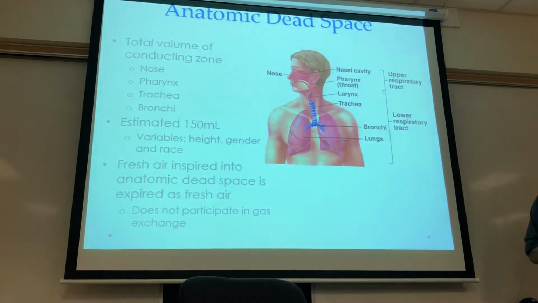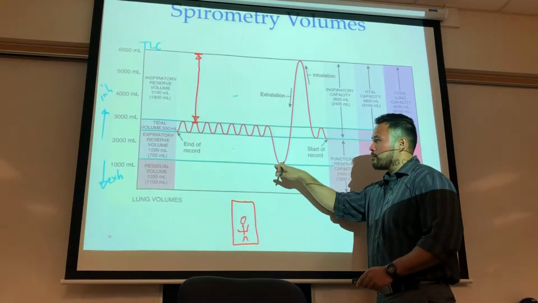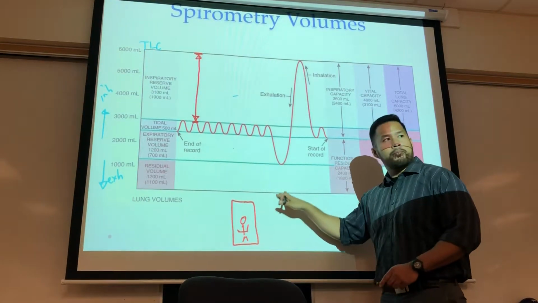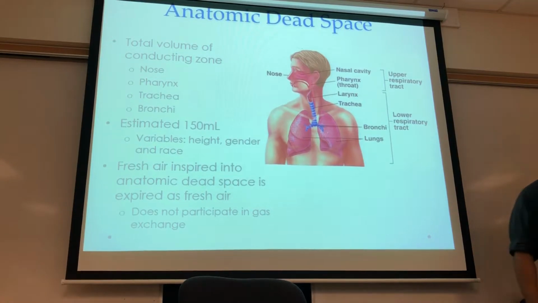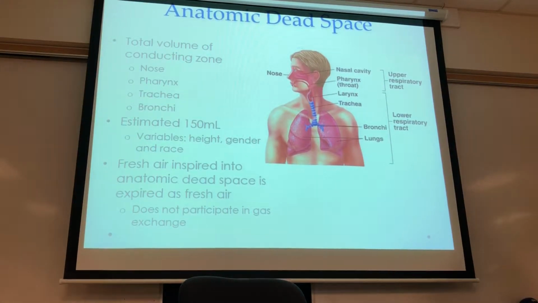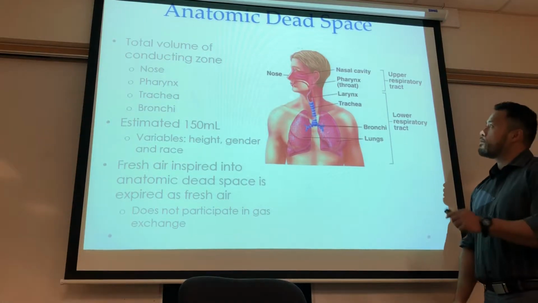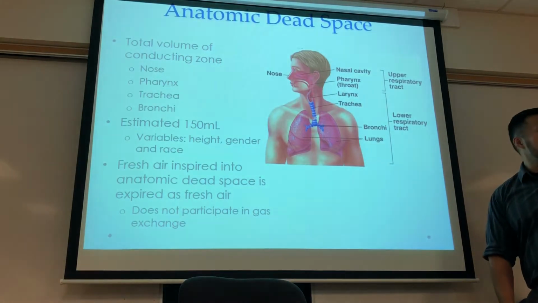And so, as I mentioned earlier, when you were able to get down to residual volume, there was some air that's left over in the lung. That comes out to something which we call anatomic dead space. And anatomic dead space is the amount of air that's left over in the conducting zone after a full exhalation.